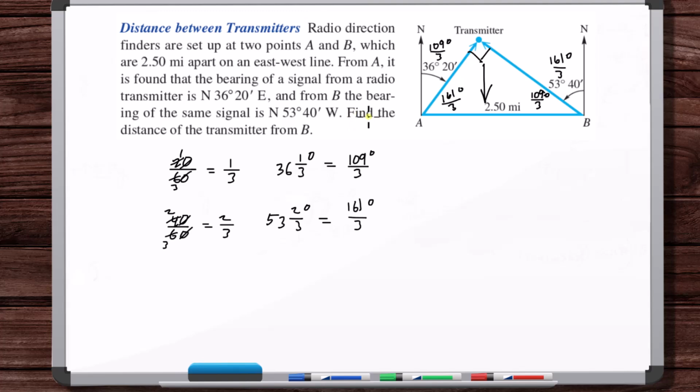Okay, so what are they asking? They want the distance of the transmitter from B, so they want this distance. We'll call this X. We can use the sine of this or the cosine of this. So let's just say the sine of 161 divided by 3 degrees is opposite over the hypotenuse.